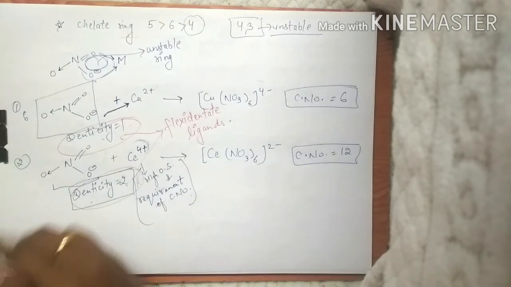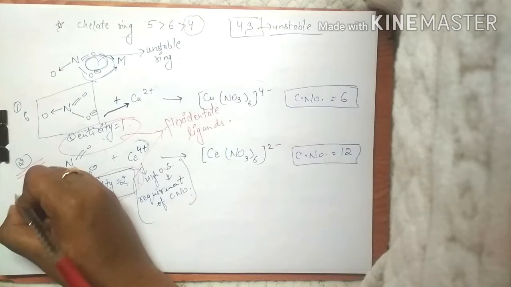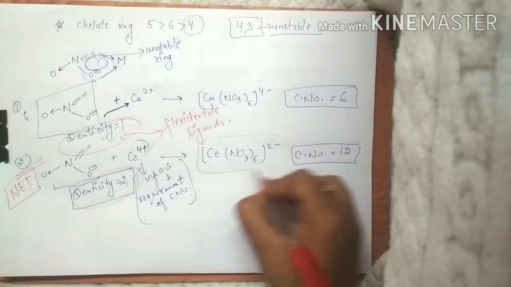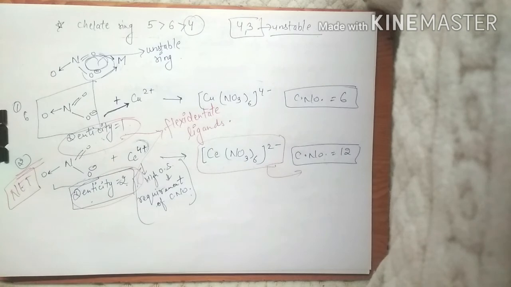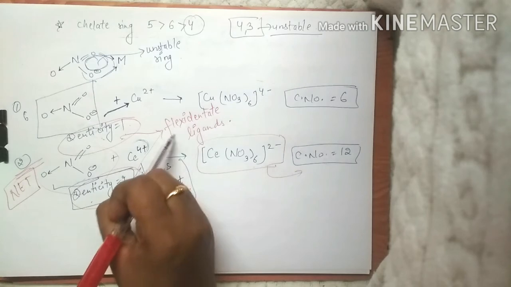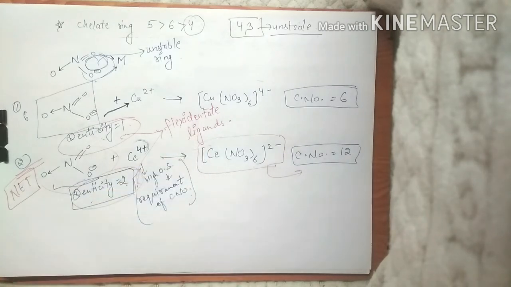And this question has been asked in NET. It was asked what the coordination number of this compound is, and the answer was 12. Okay, so here also the NO3 ligand acts as a flexidentate ligand.